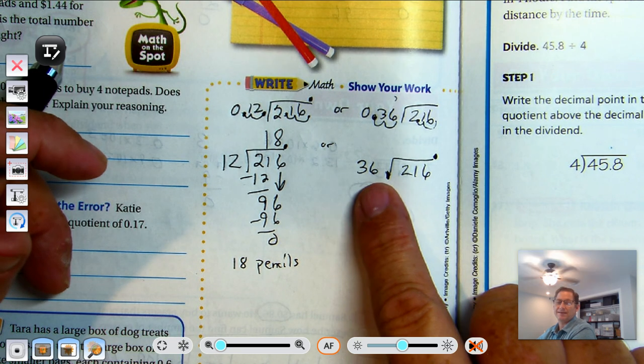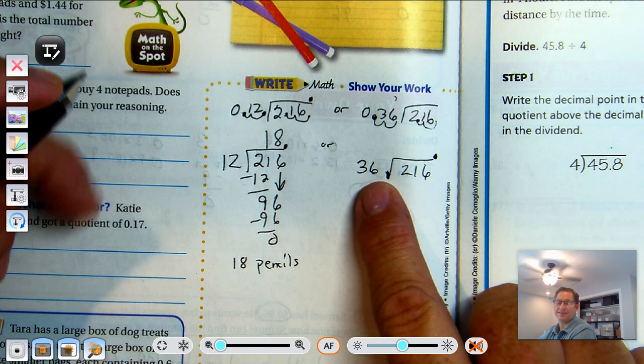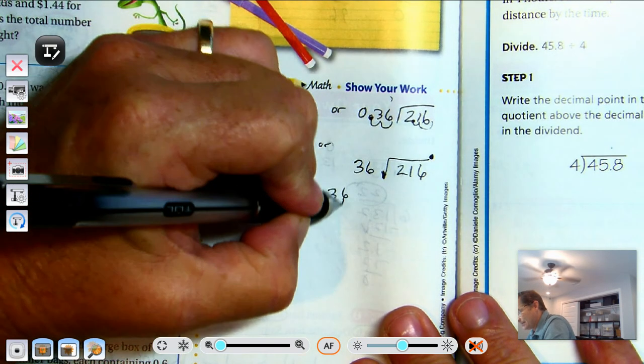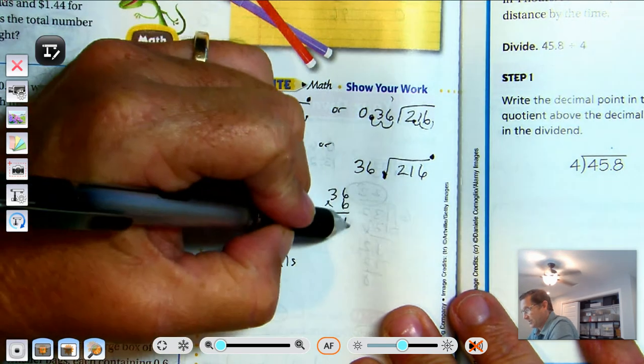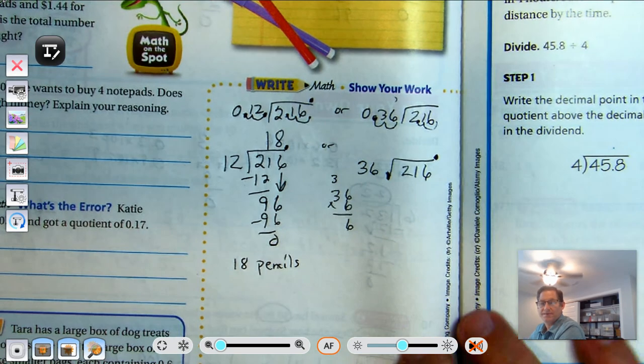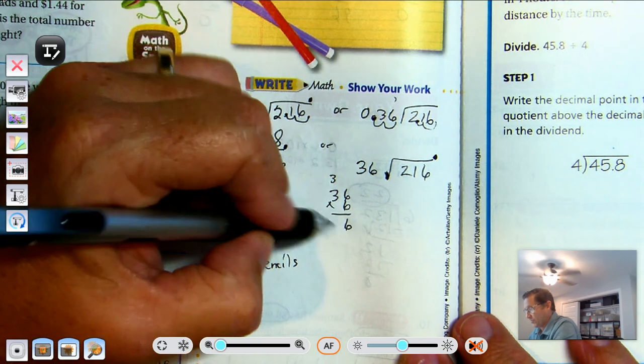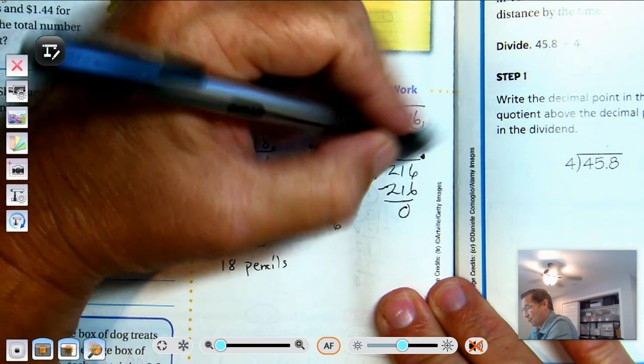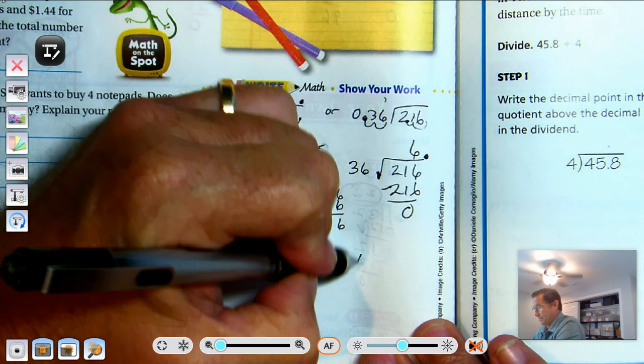So that would be too big, right? Because it's not 7 times 30, it's 7 times 36, which would go above that. So I'm going to try 6. 6 times 6 is 36. 6 times 3 tens is 18 tens, plus the 3 regroup tens, 216. So, 6 markers.